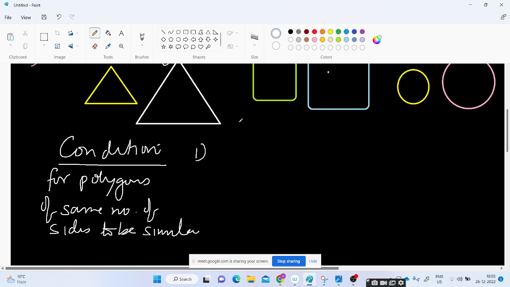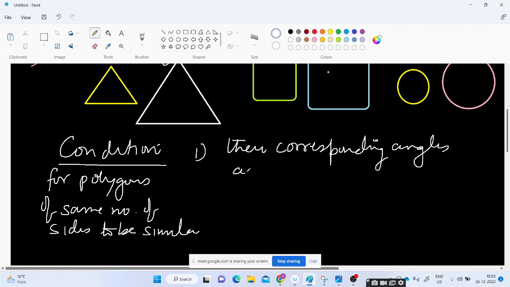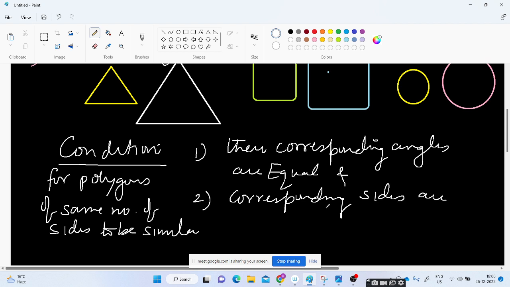What are these two conditions? The first one is their corresponding angles are equal. Corresponding angles must be equal, and the second is corresponding sides are in the same ratio. They must be in the same ratio, or you can say proportion. So we will do one example to understand this.